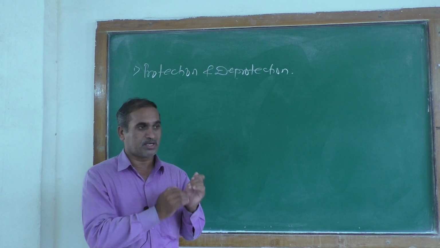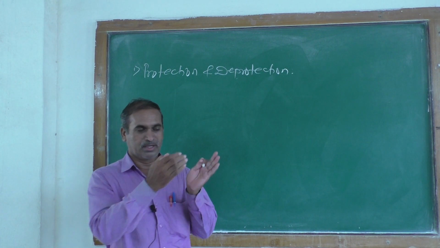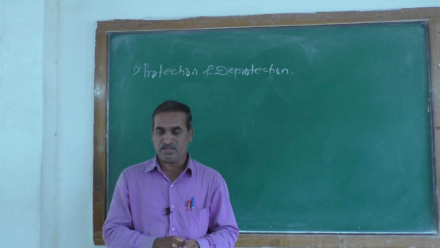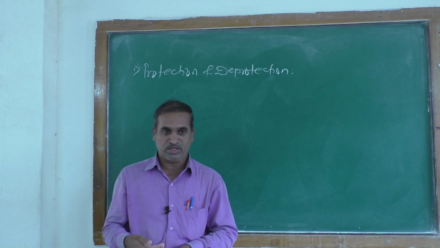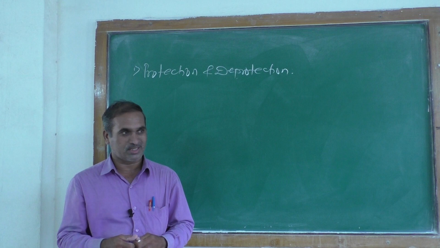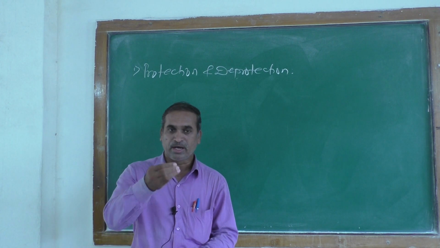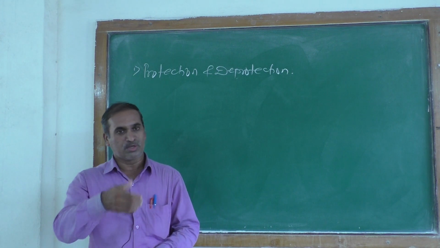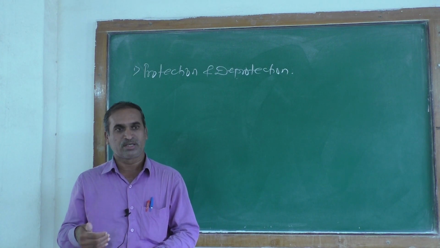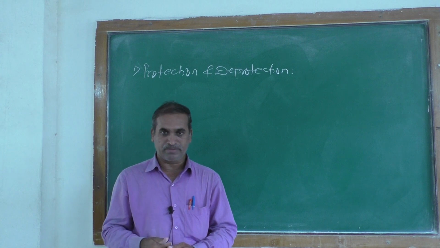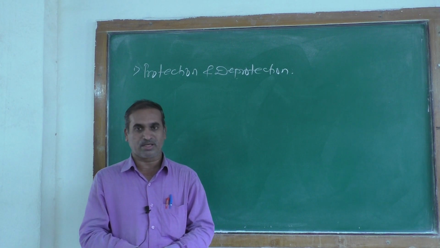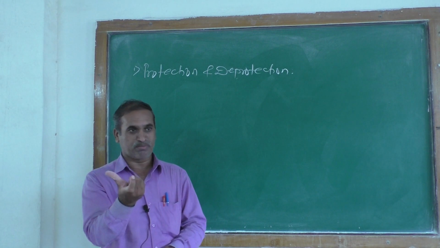Yesterday we saw one example, that is acetoacetic ester or beta keto ester, or ethyl acetoacetate. When it is treated with Grignard's reagent, it gives a mixture of products. When there is a mixture of products, we require only one product.